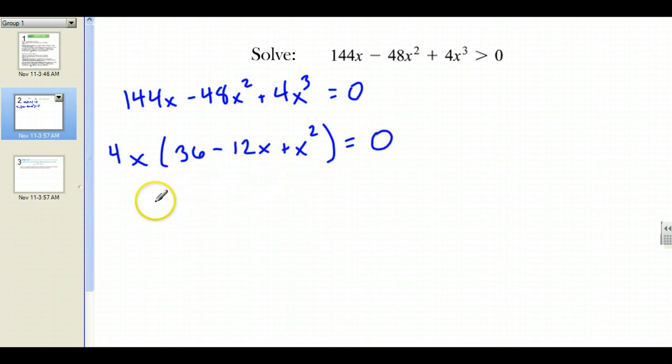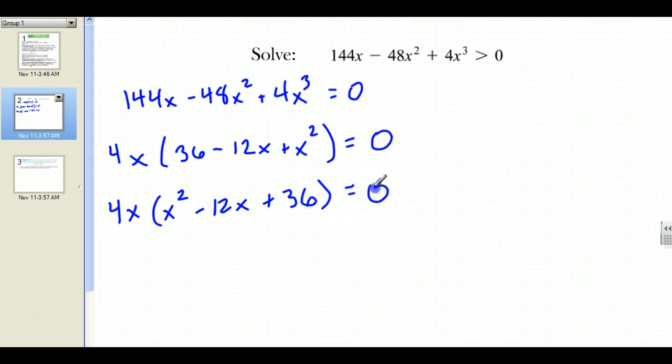Then try to factor this. If you need to, you can rearrange it to go in descending order, so x squared minus 12x plus 36. If that helps you, then do it. Rewrite it in descending order so you can factor it properly. If you can factor it from the original form, do that as well.